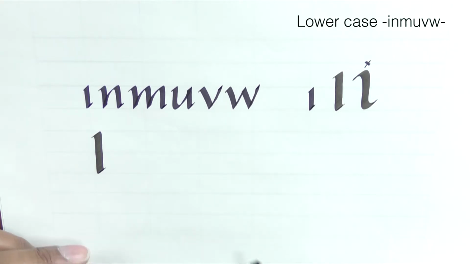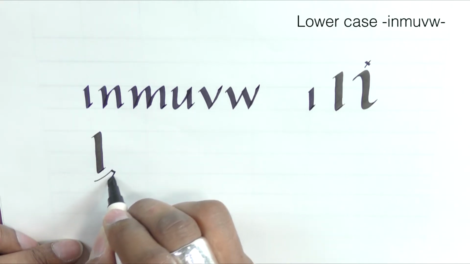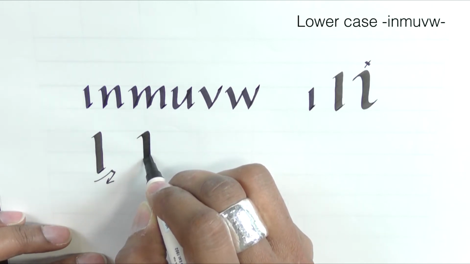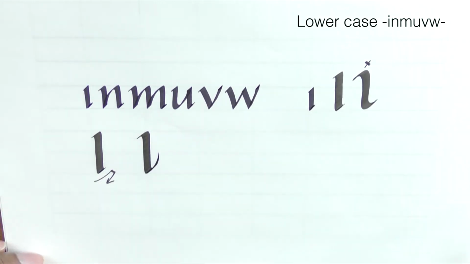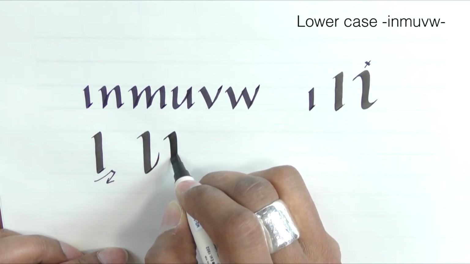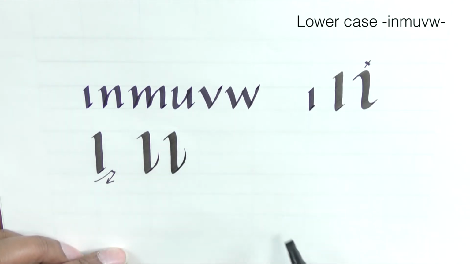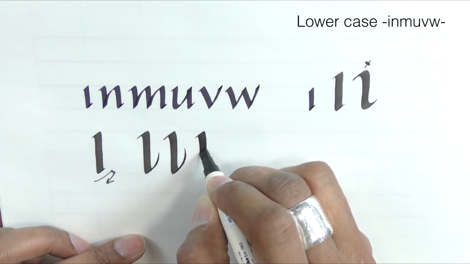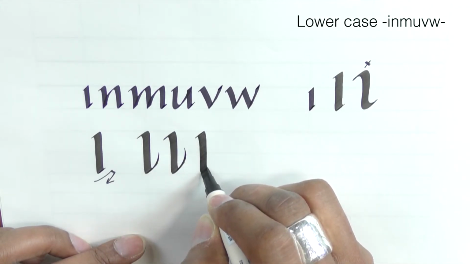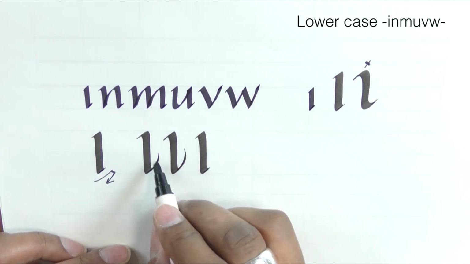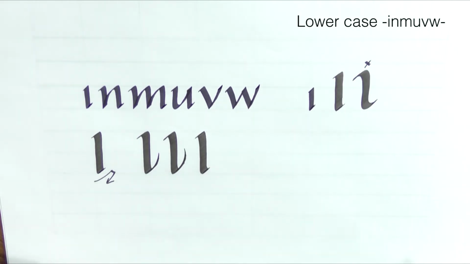The reason why it's important to go up and back is you might end up with flicking. When you flick the stroke, it's very difficult to control where it's going to end up. So it's always preferable to stop, up and back, because that stops you from getting an extended finial stroke.